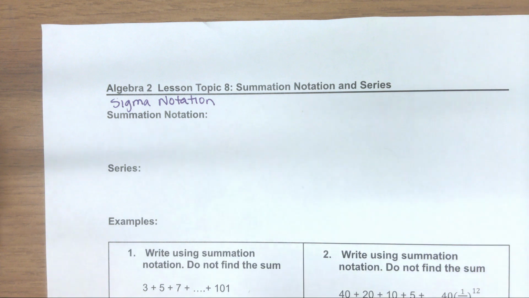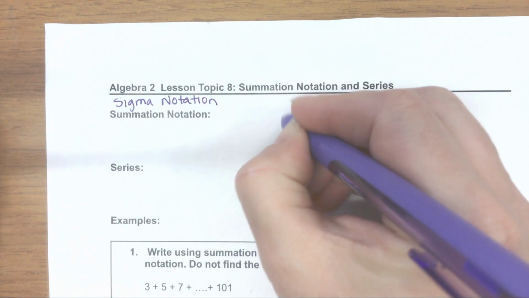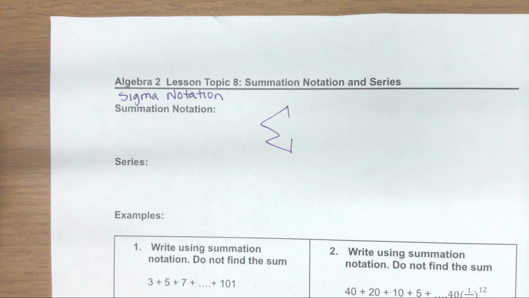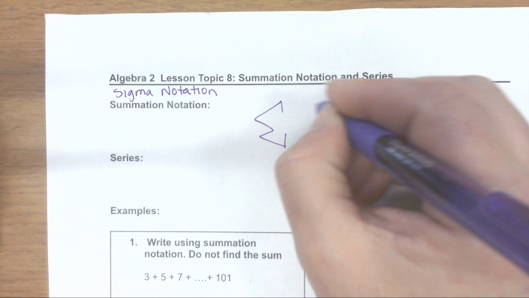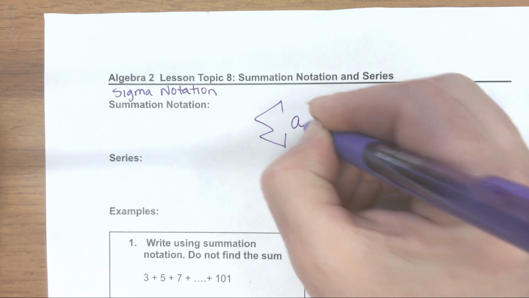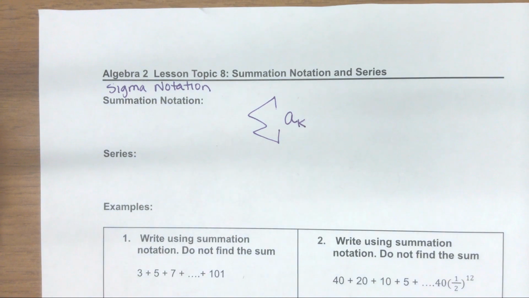So summation notation looks like this. We're going to put a big sigma symbol, and right after the sigma symbol you're going to get some kind of formula. We'll call it A sub k.